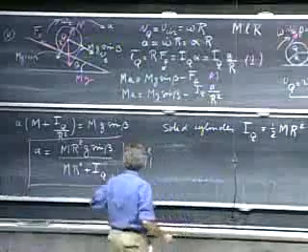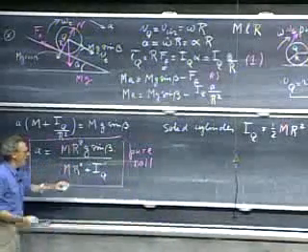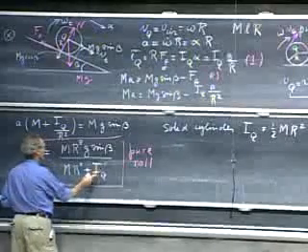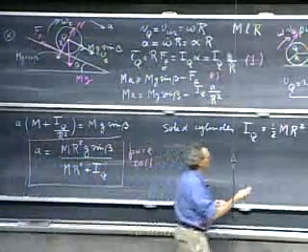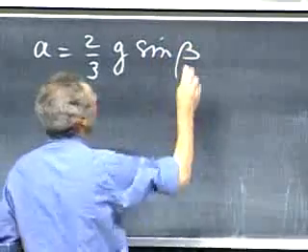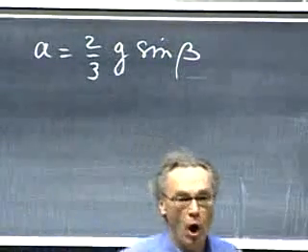If I substitute that in here, notice that all my m r squares go away. I get 1 plus 1/2, which is 1.5, upside down becomes 2/3. So A equals 2/3 times g times the sine of beta. There is no m, there is no L, and there is no R.